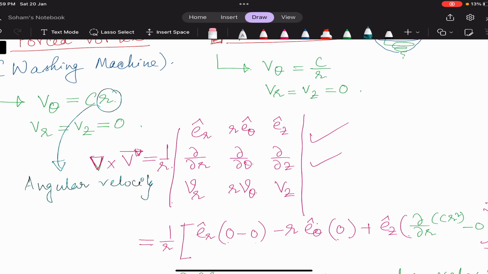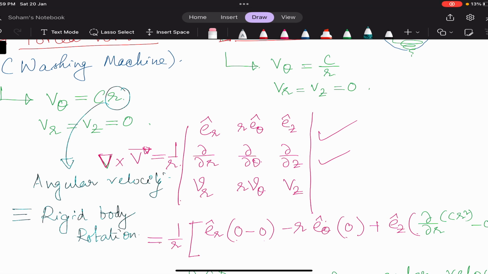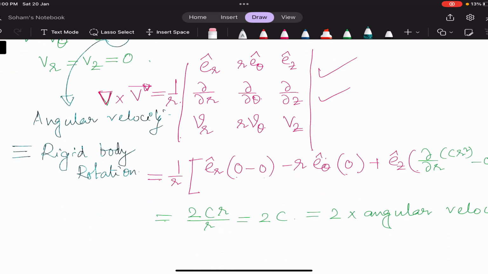This forced vortex is analogous to the rigid body rotation. And there is a problem in which we have to find the equation of the free surface, so that we will do later.